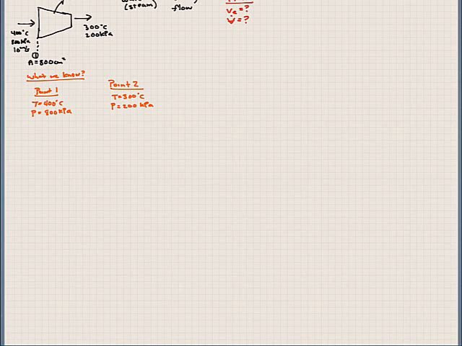Let's think about what's in our toolbox right now and what we've talked about in the course. So let's write it down here. Our toolbox, so far we've talked about conservation of energy and conservation of mass.